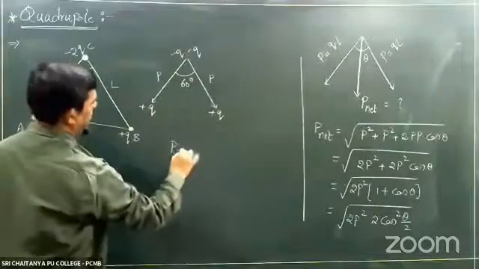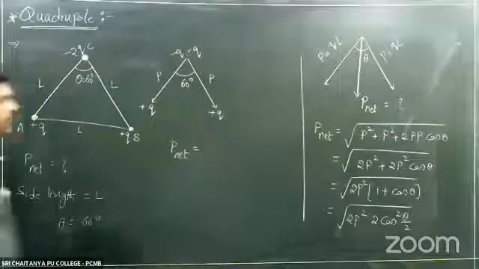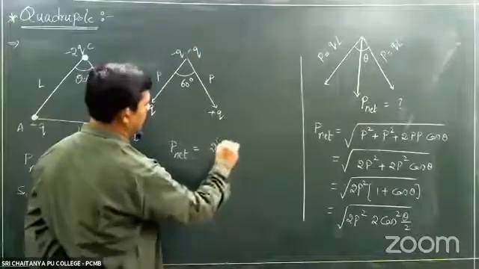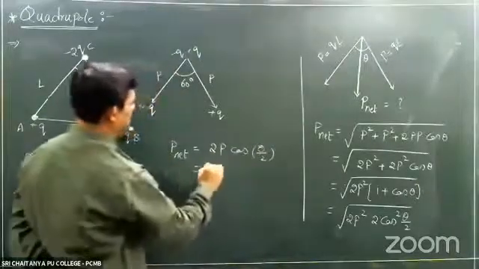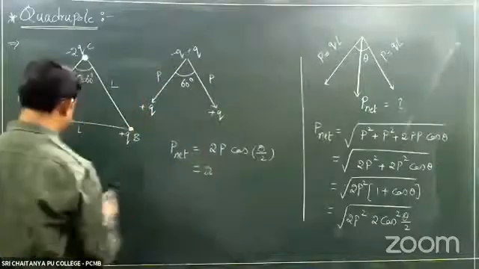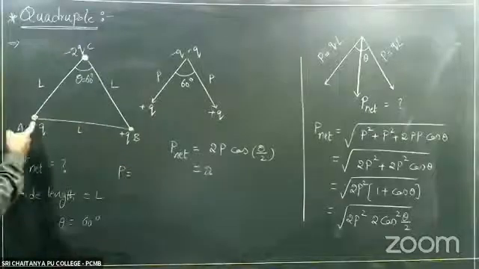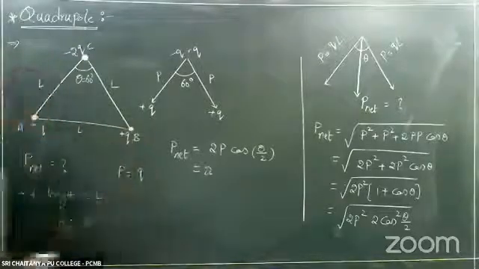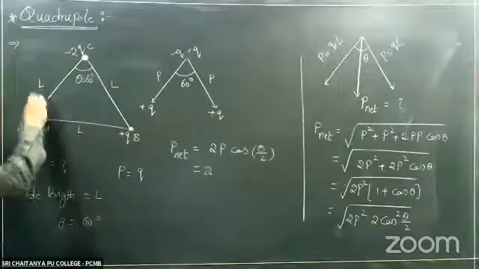What is P net? What did I tell you? 2P cos theta by 2. What is P? Dipole moment: charge into distance between the charges, from negative to positive.